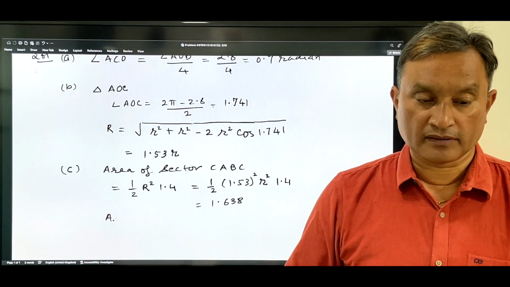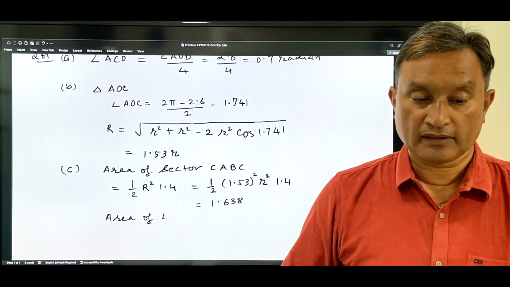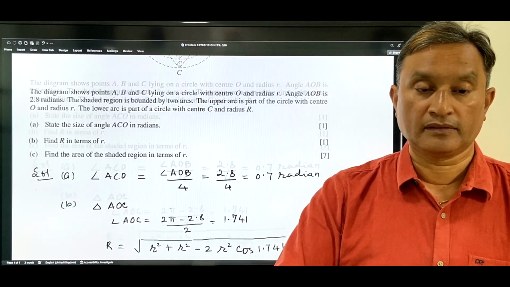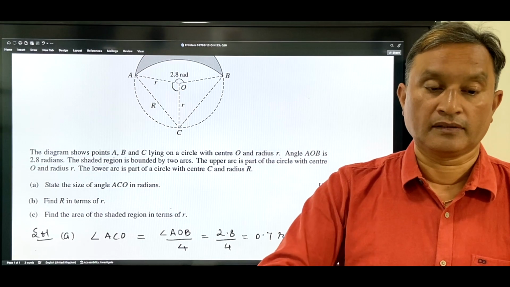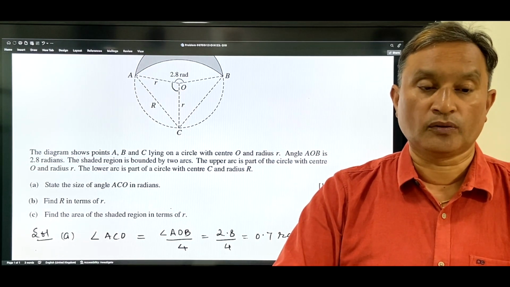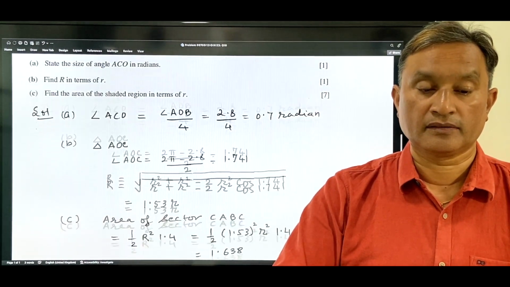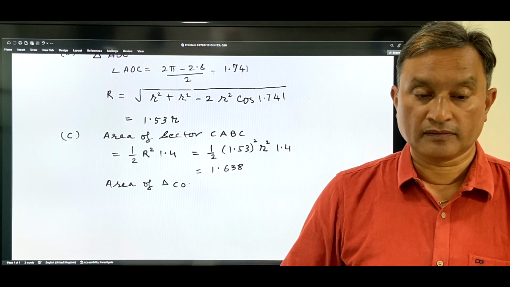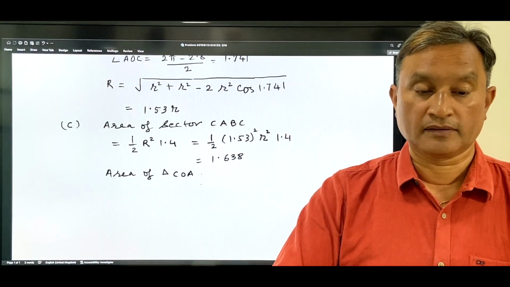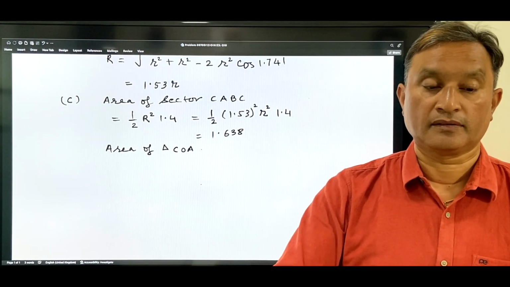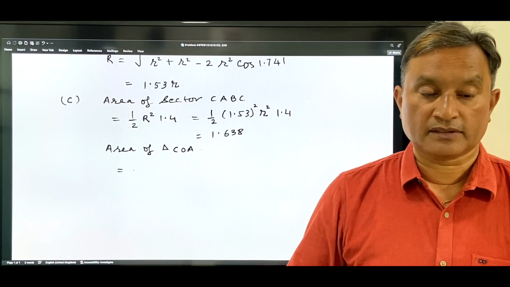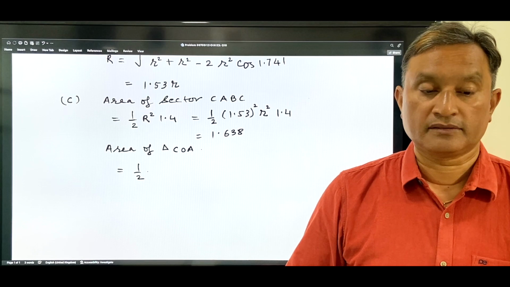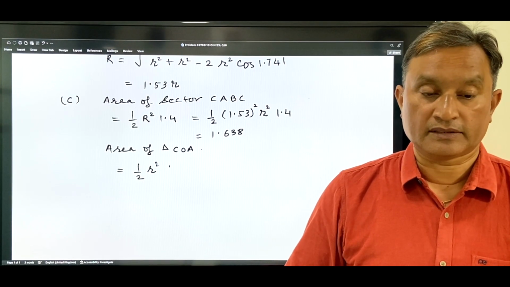So area of triangle COA, which is half R square sine.